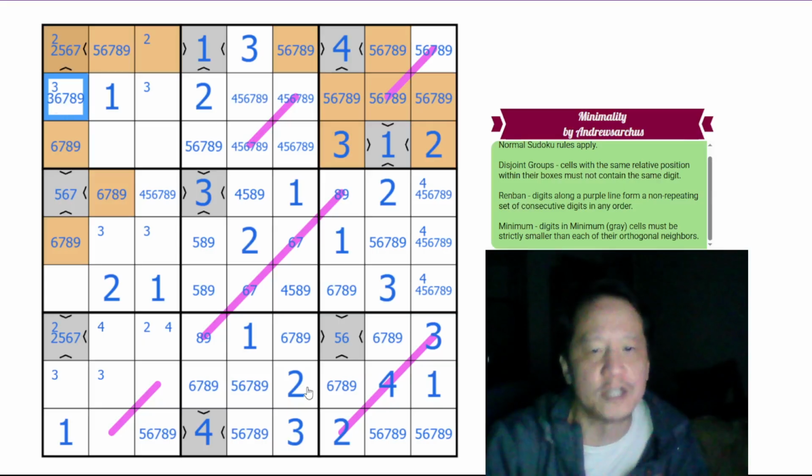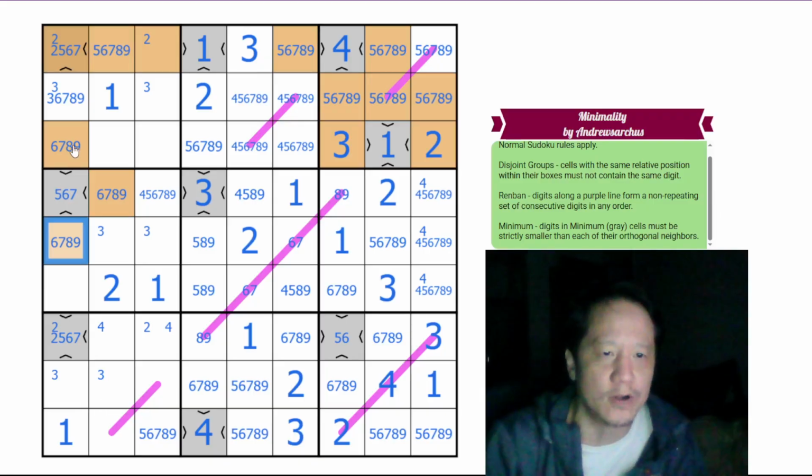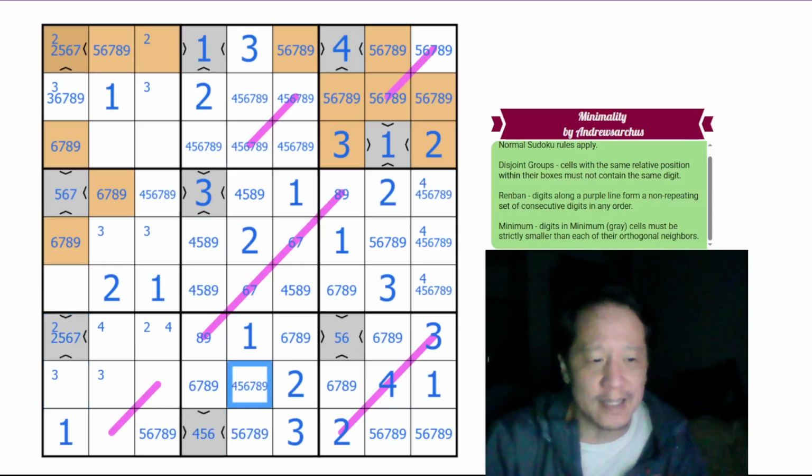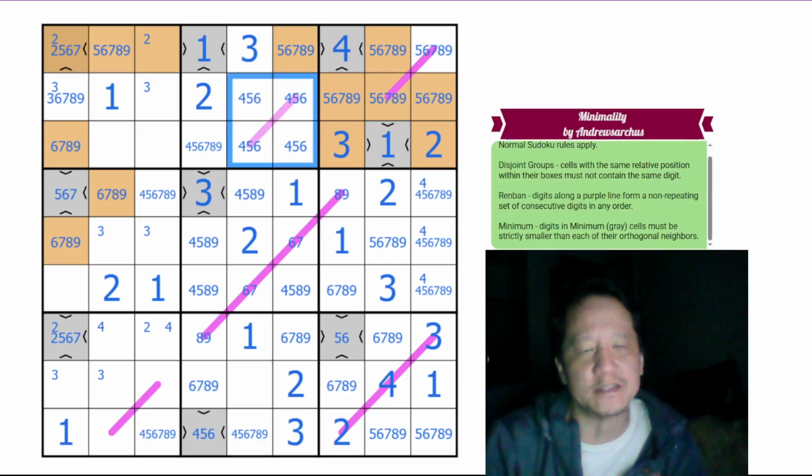So this is the contradiction that we get. That's tough to spot. I don't know how you spot that. This can't be 4 because it has to be greater than 5, 6, or 7. And anytime you have a 4, it would have to be next to a 2. So I don't know how you spot that contradiction. It does lead to it, so there is that.